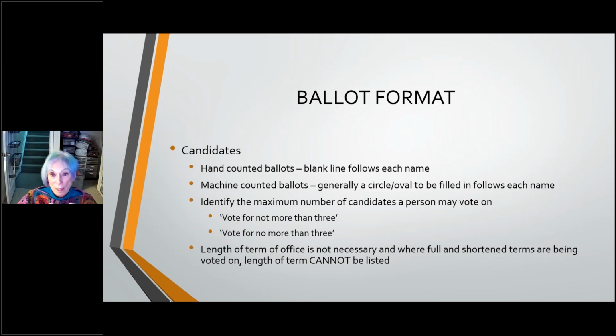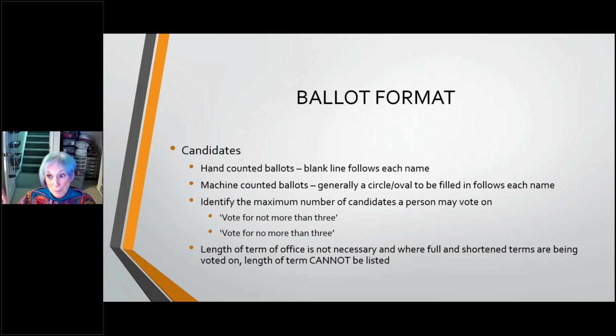Basically, it gives the name of the municipality, the date of the election, and then the signature of the clerk. That goes on the back, so that if somebody decides to play funny with the ballots and photocopy or reprint, you'll be able to tell, if the endorsement's not on the back, that it's a faux ballot and should not be counted.